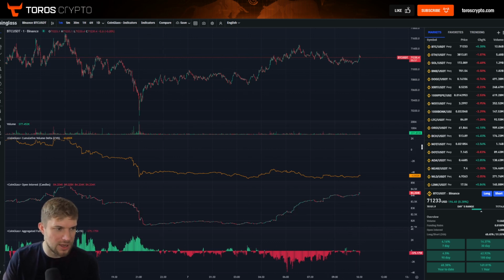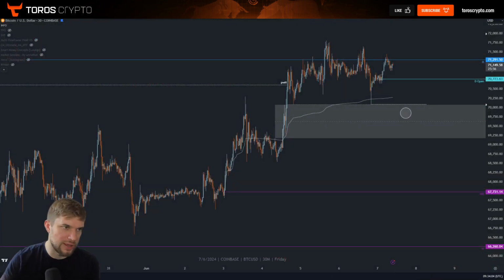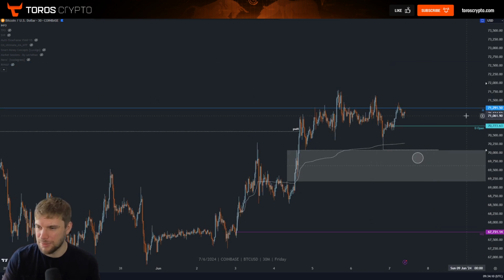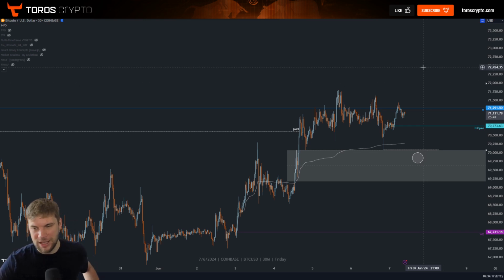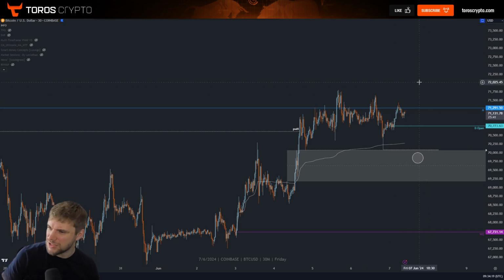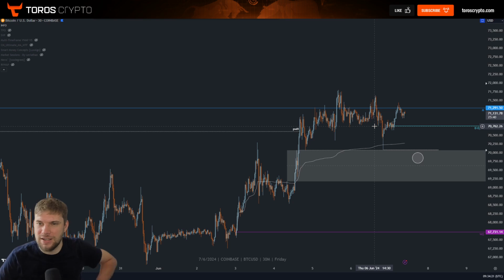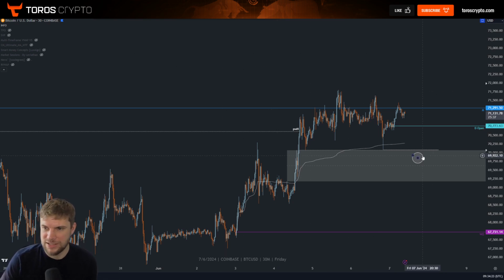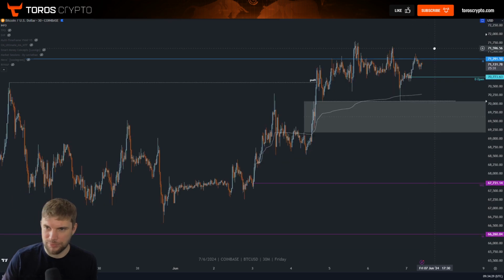But if it does start moving up and taking highs here at this point, that's when you're going to see shorts trying to fade the move, like at 72k. If it can break 72k, maybe you get people trying to short there, and then you can start squeezing, and that's where the fuel is going to be. I think within this range here, it's still fairly chill at the moment.